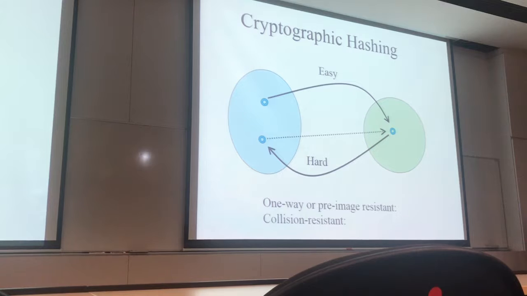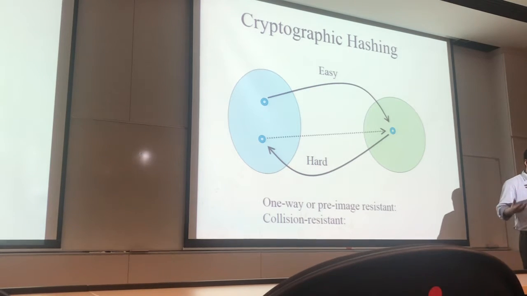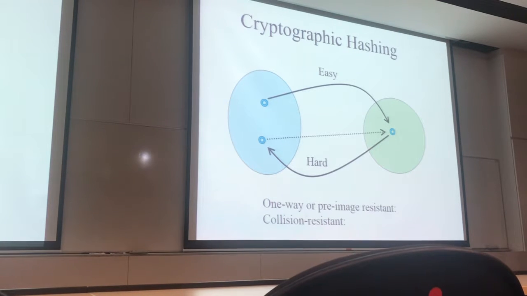So that's related to the one-wayness, right? One-wayness means even if the attacker obtains the password table, the attacker does not know your password, because it only stores the hash of the password, and you cannot invert the function to find the password. So that's why one-wayness is related to security.